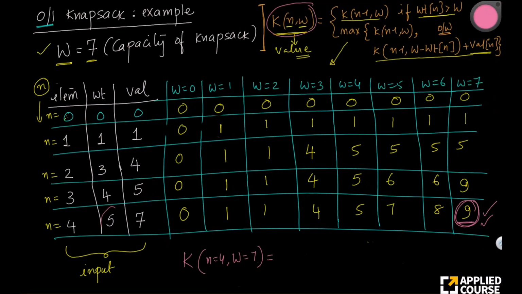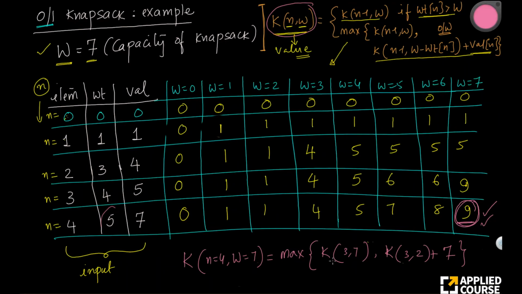So I got this value as max of, let's fill that in, K(N minus 1) where N minus 1 is 3, comma 7, or K(3) with capacity minus the weight of this item. The capacity is 7, 7 minus 5 is 2, plus the value of this item, which is 7.